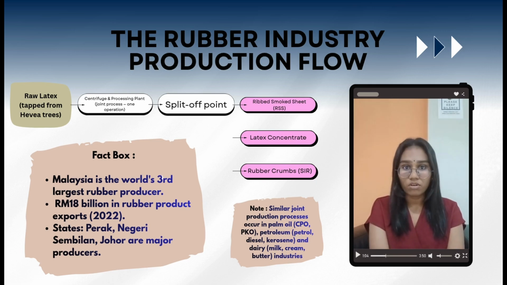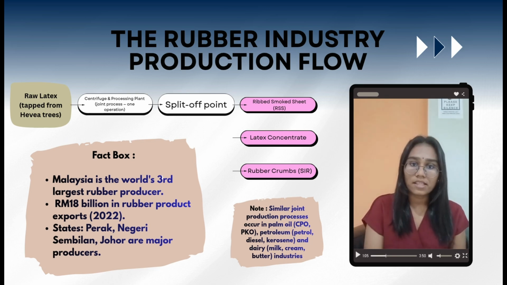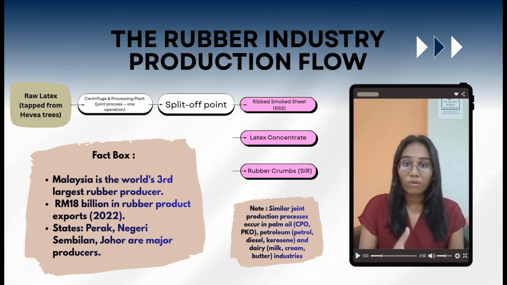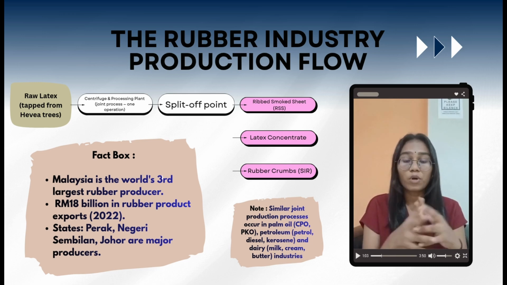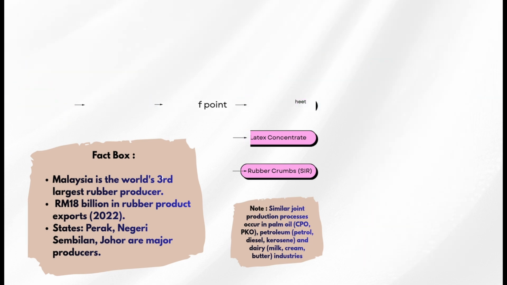And just to note, similar joint production processes also happen in other industries like palm oil, where CPO and palm kernel oil are produced together. Petroleum, where petrol, diesel and kerosene come from one refining process, and dairy, where milk, cream and butter are produced simultaneously. But for today, rubber is our focus.